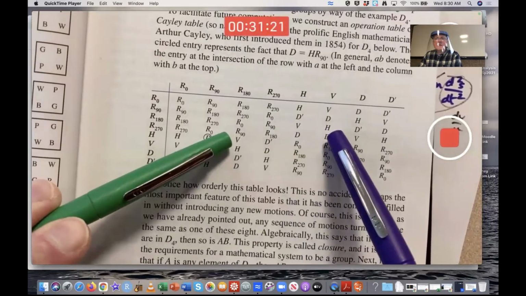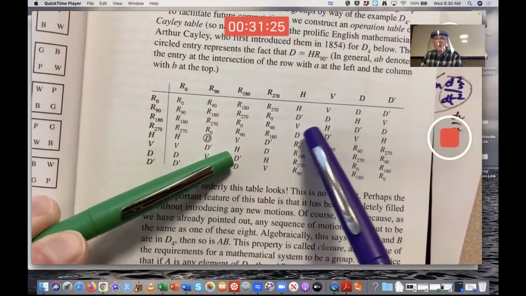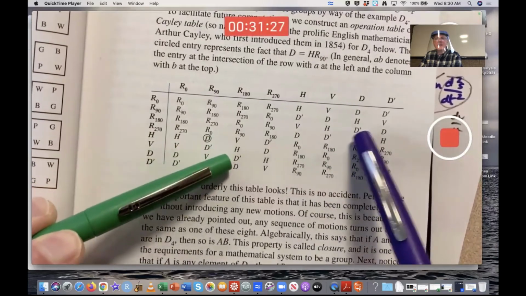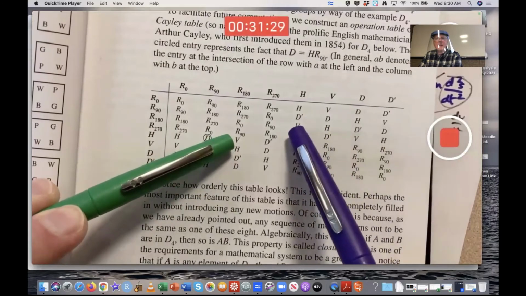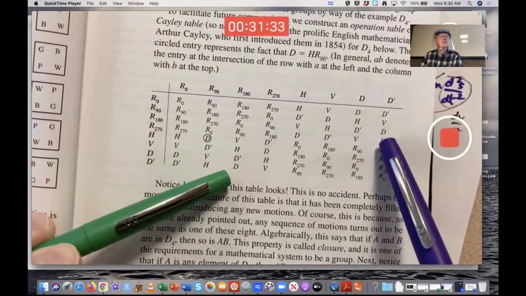R180 composed with V is H, and V composed with R180 is H. Yeah, just look at this row right here and this column right here. You go in the same order: V, H, D prime, D. That shows R180 commutes with the flips.